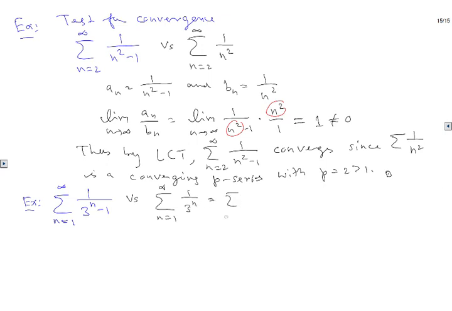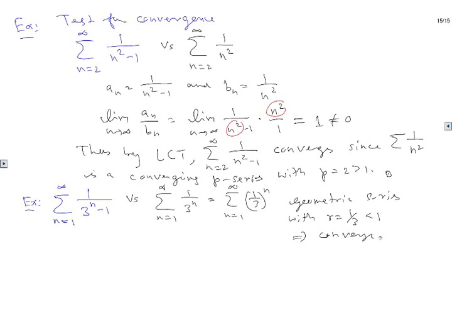You can write this as 1/3 to the n, so this is a geometric series with r equal to 1/3, which is less than 1. It's positive, so we don't need the absolute value sign. So this will converge.